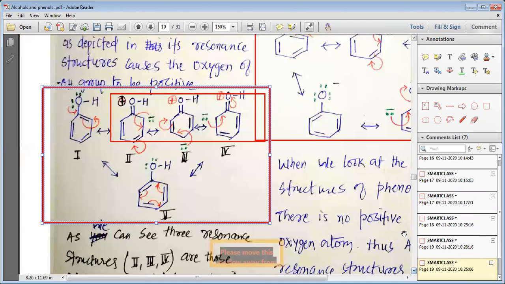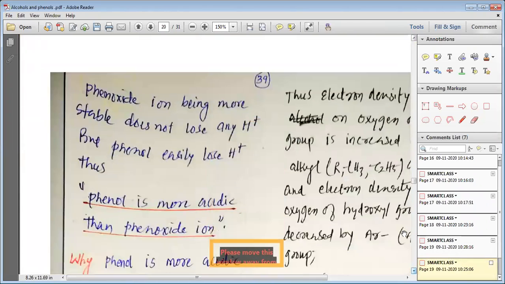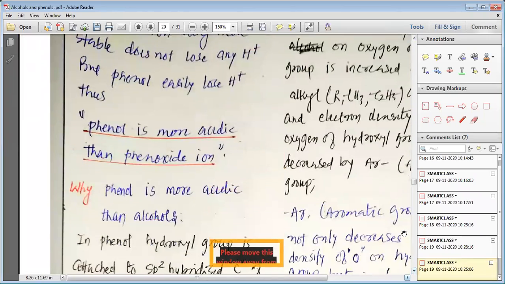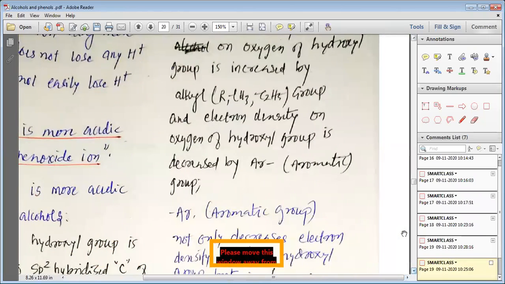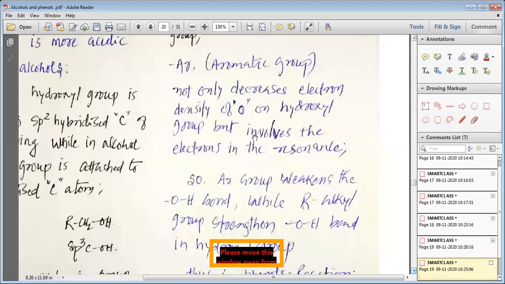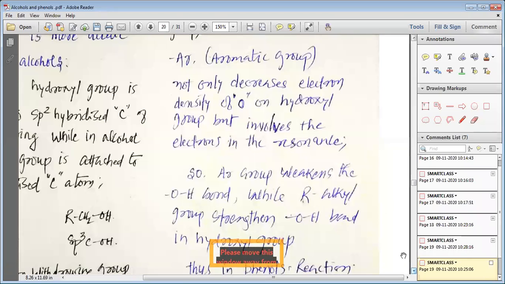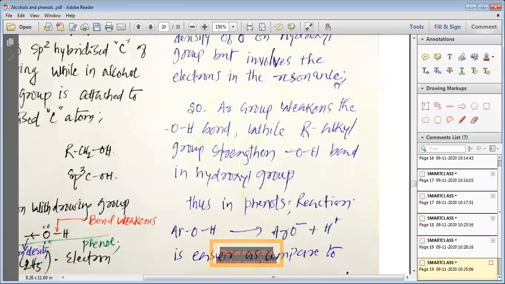As the electron density is decreased by the aromatic ring and increased by the alkyl group, now we can easily understand that the aromatic group not only decreases the electron density of oxygen on the hydroxyl group, but involves the electron present on the oxygen in the resonance that we have seen in the various resonance structures of phenol.